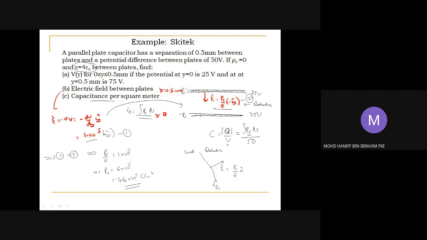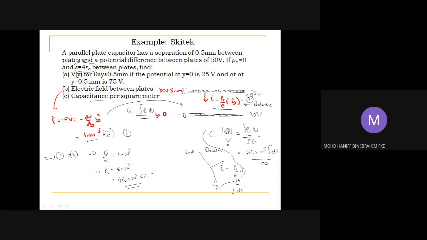So from here we can use this surface charge density to calculate the capacitance straight away. By using the rho s here, we're going to have C, which should be 4 epsilon naught times 10 power of 5, and we just have integration of ds divided by 50, and the ds can be taken to the left hand side. So we're going to have C over ds, capacitance per square meter.